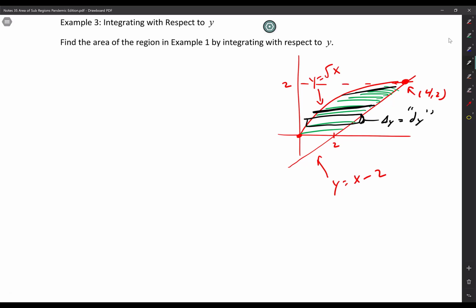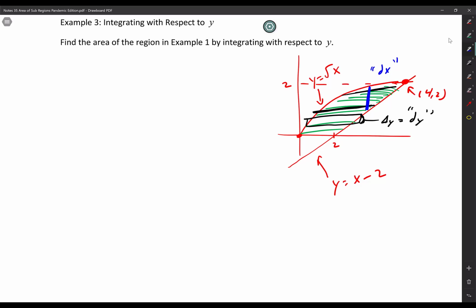Okay. Whenever you see me do a rectangle or whenever you see me do something like this blue line, I just do a horizontal. I'm saying that's like a dx. Oh, because now I'm integrating with respect to y. My rectangles are no longer tall rectangles.